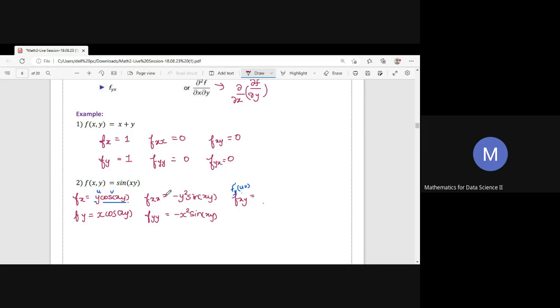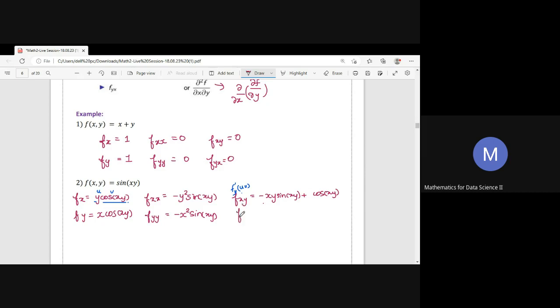First u into v dash. So you have minus x times y times sine of xy, and then you are getting plus cos xy.